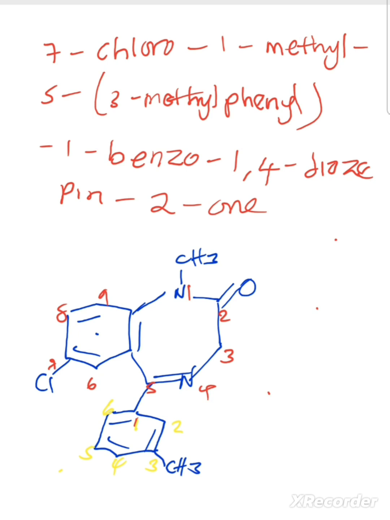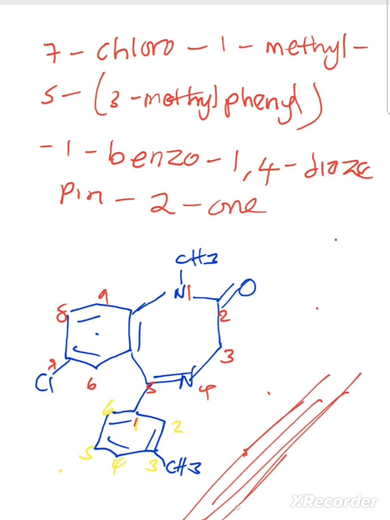Then also on position 5, there is a phenyl there, which has got position 3 as the methyl of this phenyl. That's why I've put them in brackets. So it's 7-chloro, 1-methyl, 5-(3-methylphenyl), 1-benzo, 1,4-diazepin-2-one. That's how we're supposed to name this.